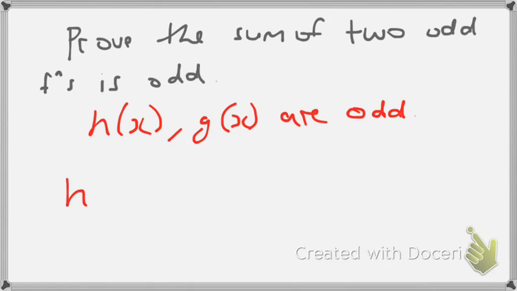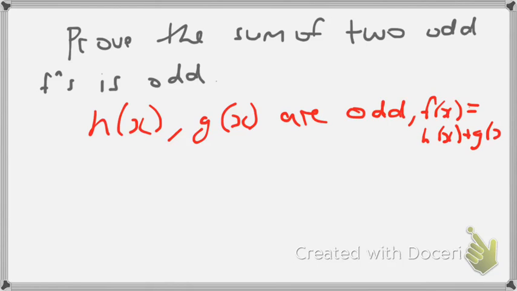So I'm going to evaluate h of minus x plus g of minus x, because that is the sum of the two functions. In fact, maybe I should be a bit more prescriptive. So let's say f of x is the sum of h of x and g of x.